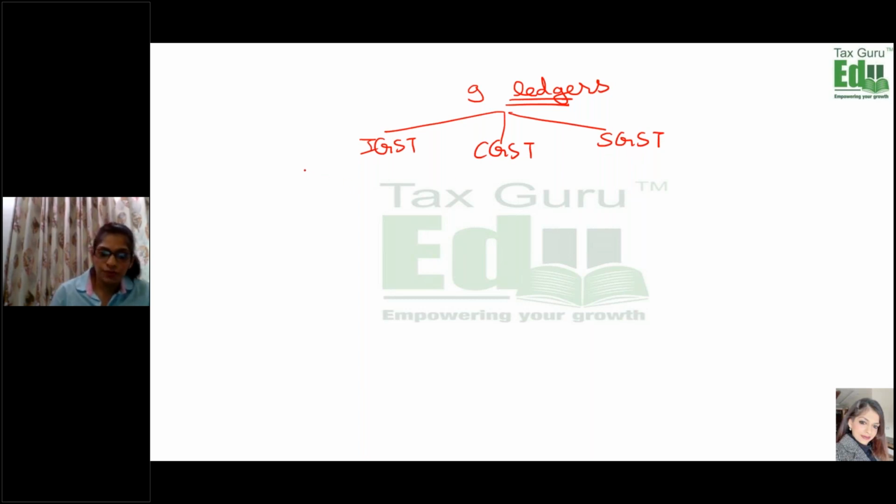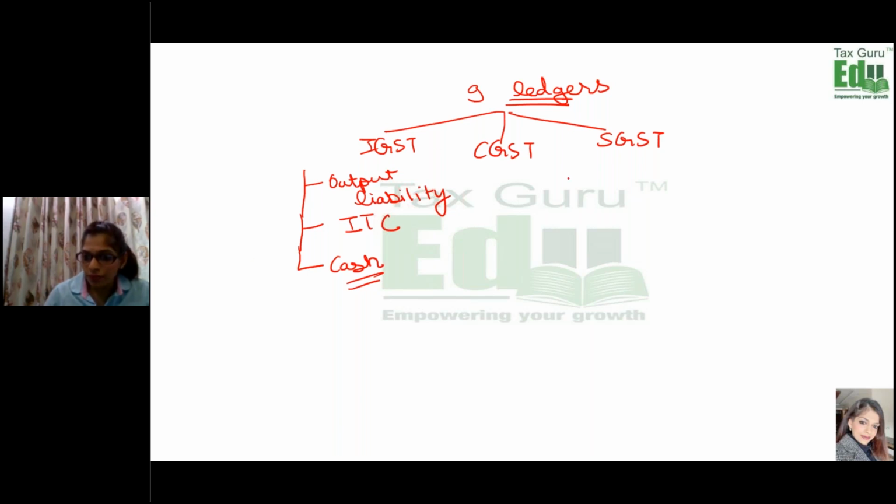For each, you need your output liability ledger, then your ITC ledger, and third your cash ledger. So these 3 ledgers have to be maintained for all 3.